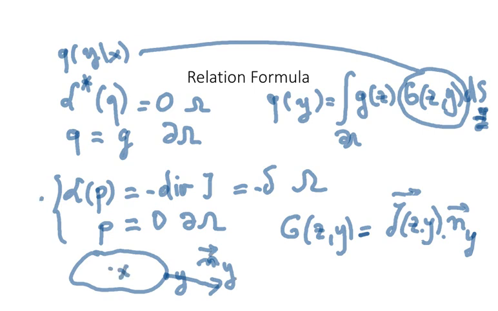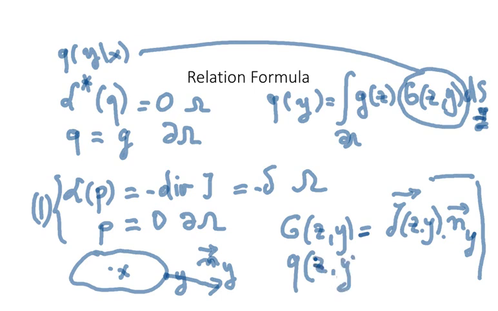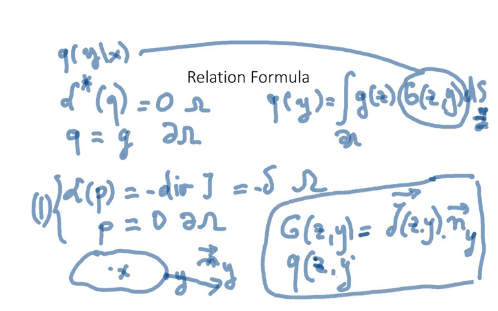Let's call it equation 1. Then we see that Q, that's the Q that we had before, this J, Z, and Y, is given precisely by this probability flux.